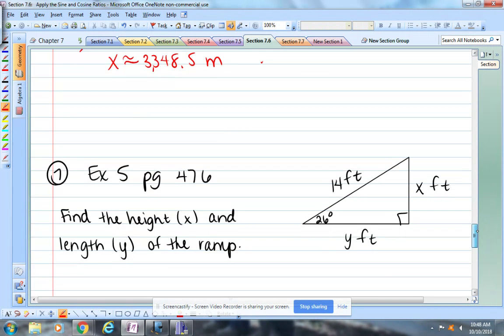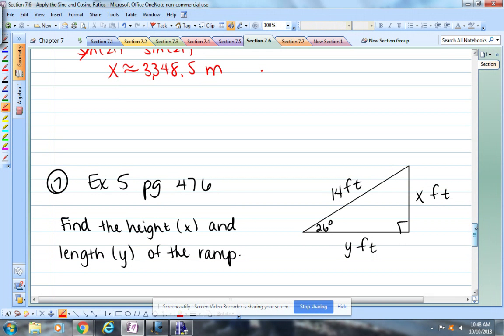Okay, if I turn the page, it's got a skateboarder and a ramp. Example 5 on the top of page 476 has a lot better picture than mine of a skateboarder and a ramp. So this is kind of like if you tilt the ramp sideways and you're just looking at one side of it.